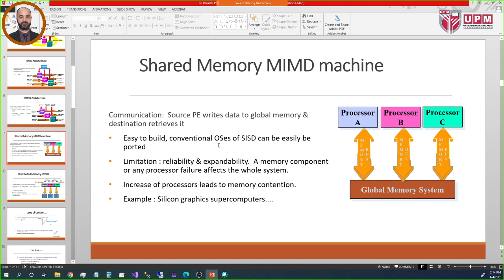It actually has multi-processors, because don't forget, it's an MIMD. That means it has multi-processors. But those multi-processors have only one global memory system, and that memory is shared. And all of those processors will be connected to the memory through the memory bus.